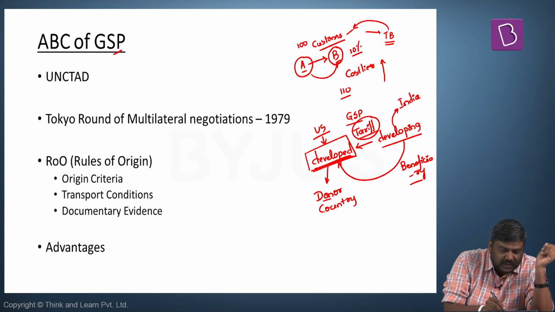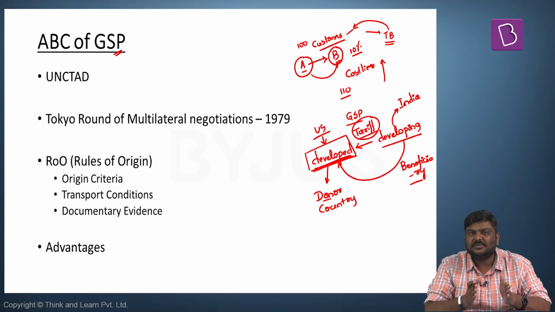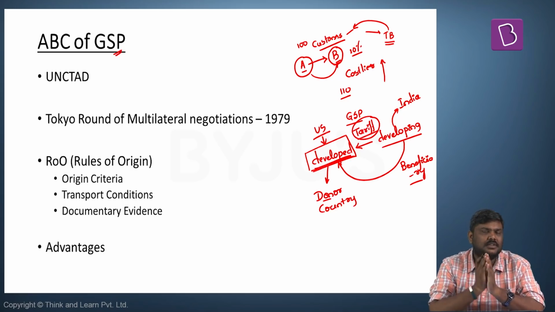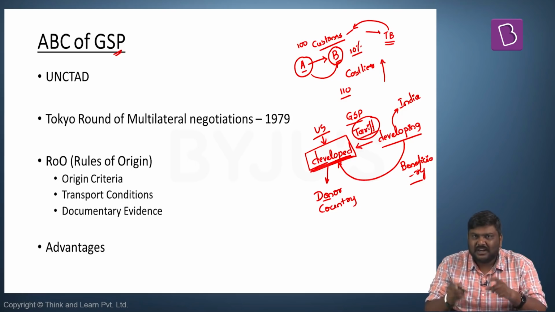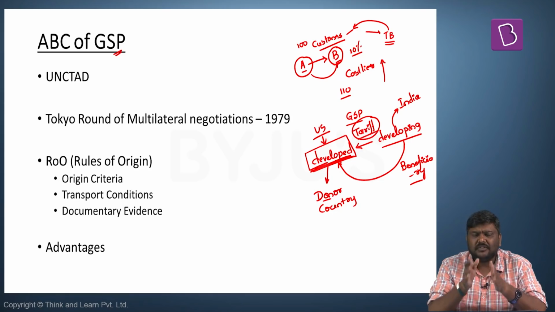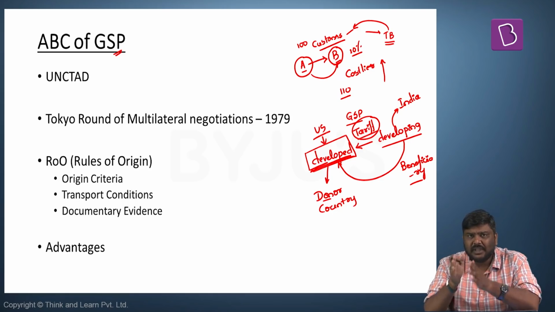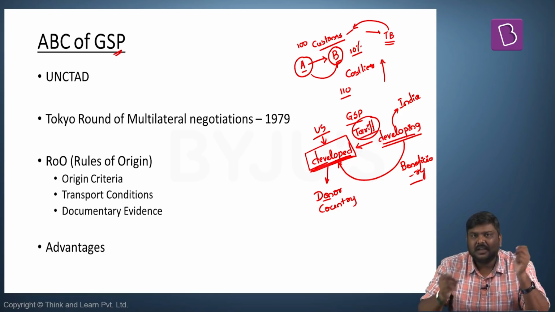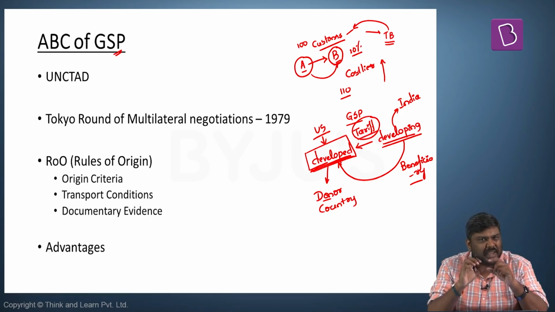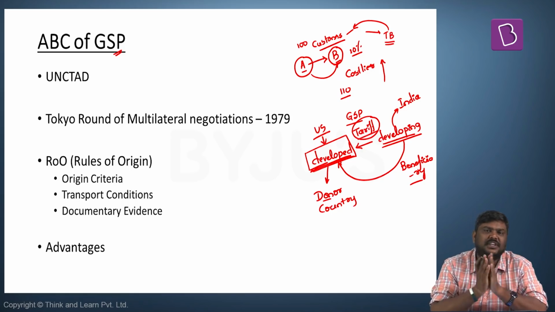Now, how do you define the concept of a GSP? GSP, or Generalized System of Preferences, is a program implemented by developed economies wherein tariffs will not be imposed on certain imports coming from developing economies. This is the basic understanding of the definition of a GSP.